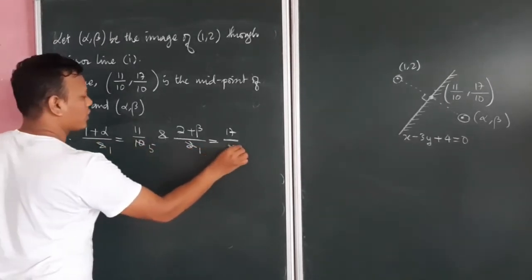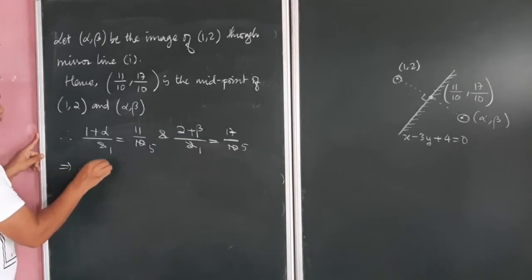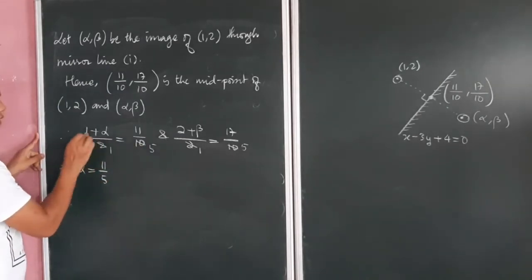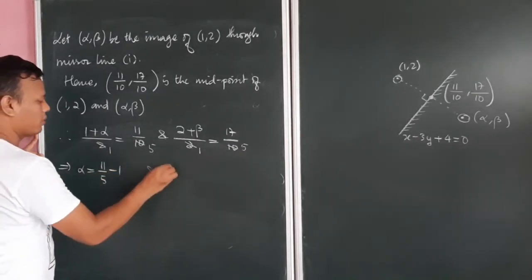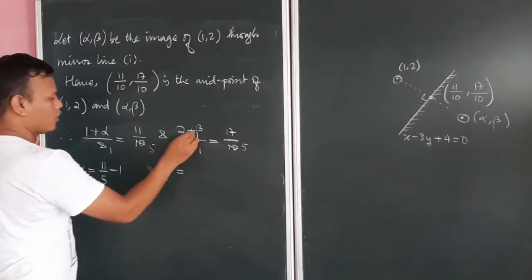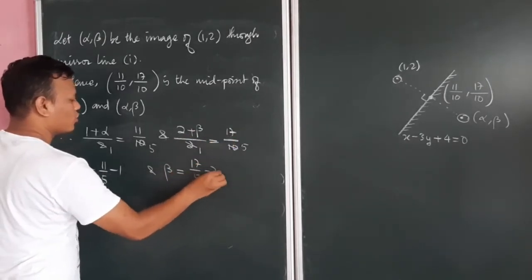So from here alpha equals 11 by 5 minus 1, and similarly beta equals 17 by 5 minus 2.